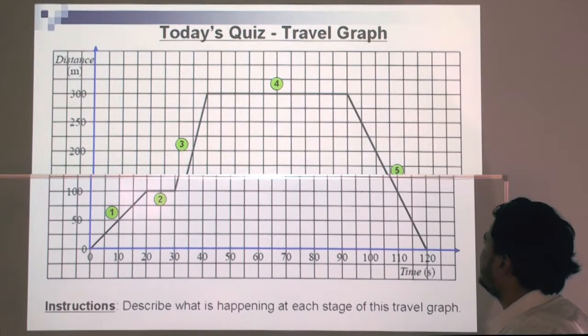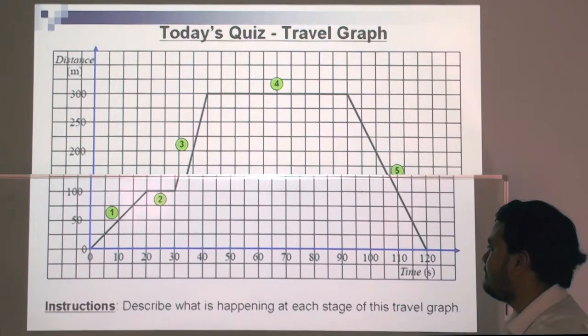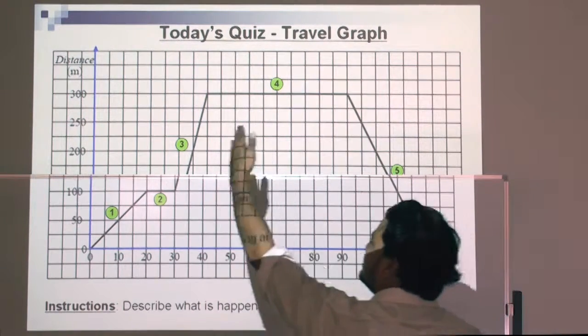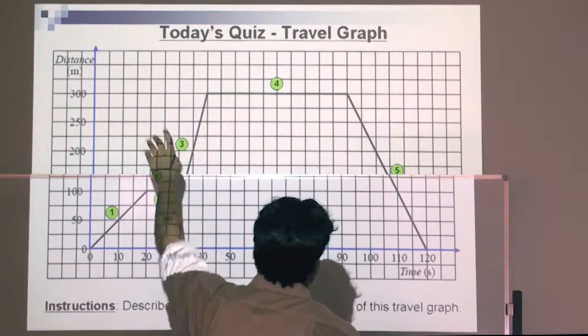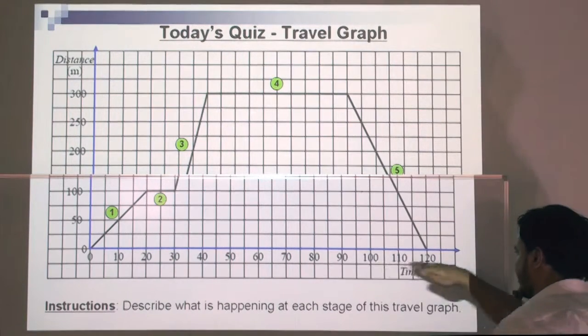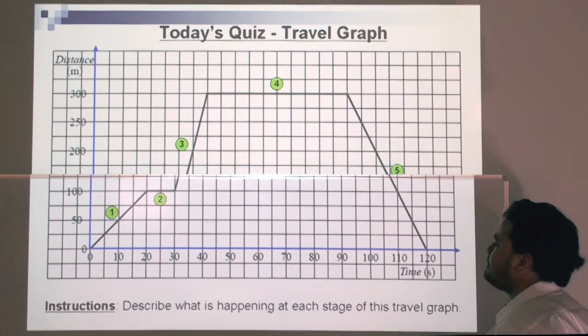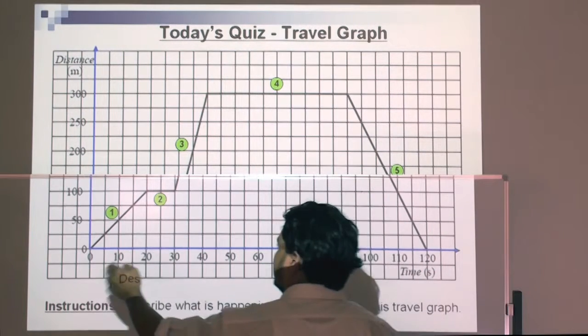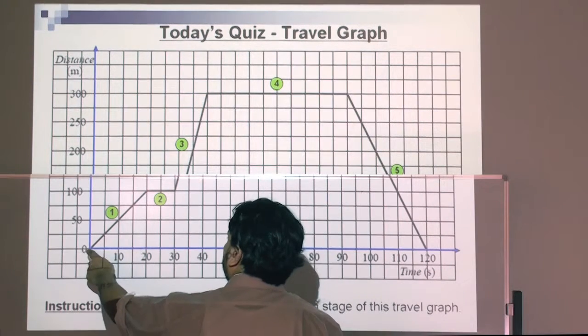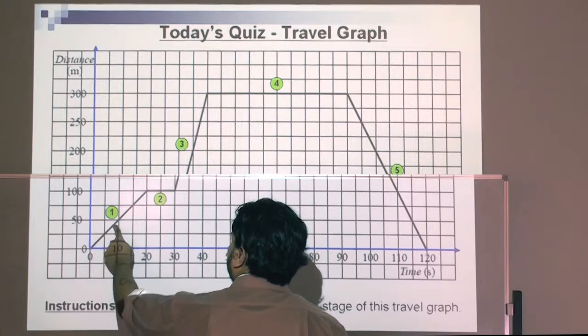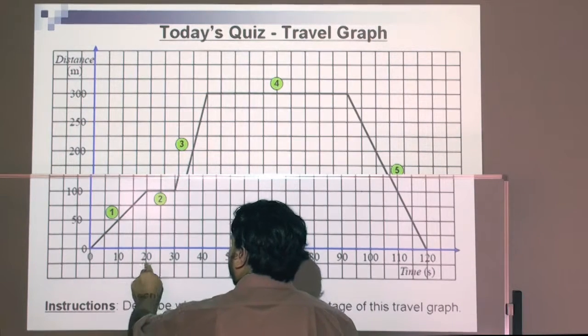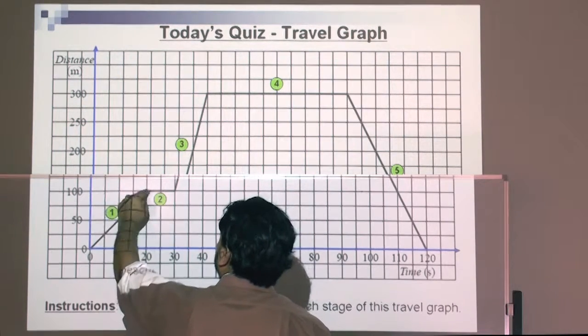So today's quiz: here we have a travel graph. Distance on the y-axis in meters, and time on the x-axis in seconds. Just imagine this is a car traveling. After 10 seconds, the car goes 50 meters. After 20 seconds, it goes 100 meters.